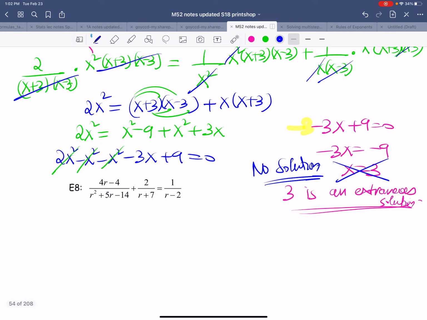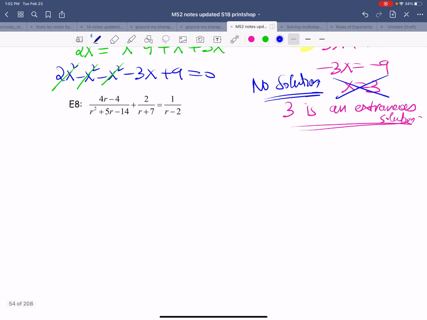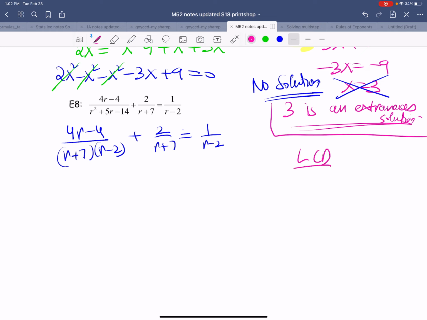All right, one last example. 4r minus 4. So let's go ahead and factor the denominator first. The two numbers that multiply to give you negative 14 are r plus 7, r minus 2, plus 2 over r plus 7 equals 1 over r minus 2. So in this case, my LCD turns out to be r plus 7, r minus 2.